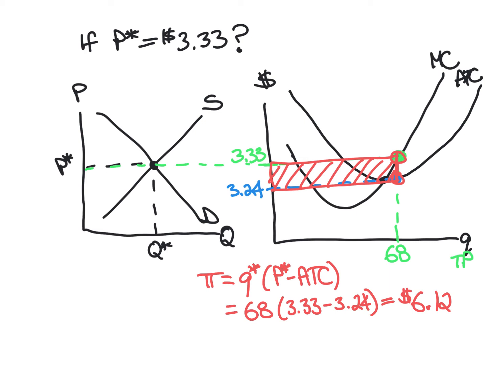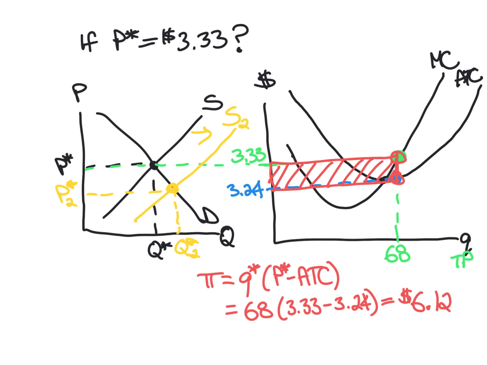However, over time we might expect new competitors to enter into this market, which would push out the market supply curve, therefore driving down the market price to this lower equilibrium price, P star 2, at a higher quantity in the market, Q star 2.